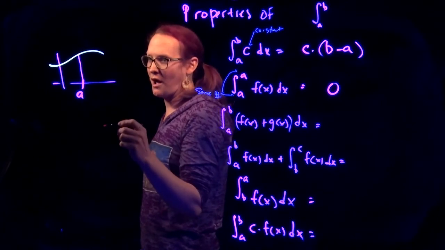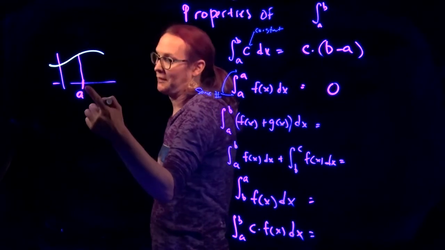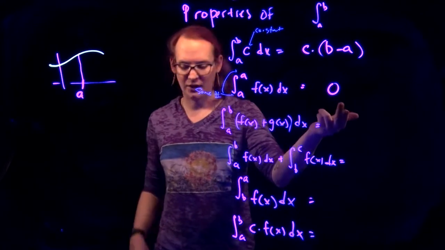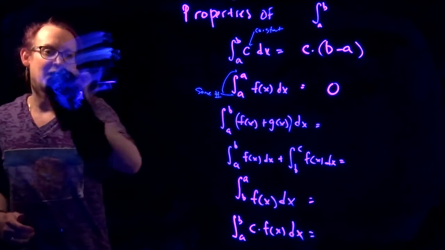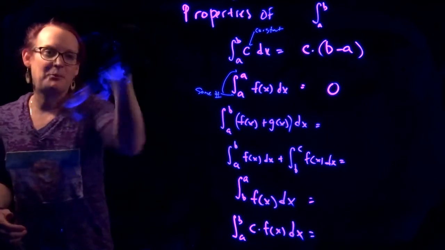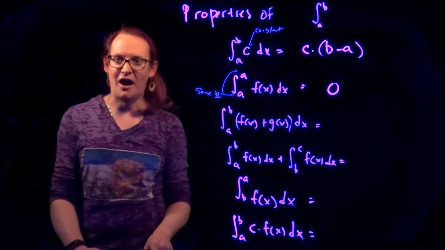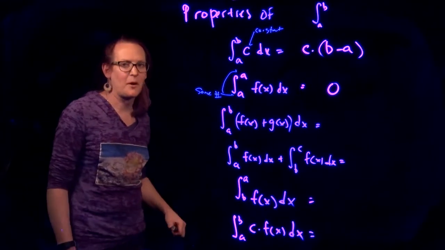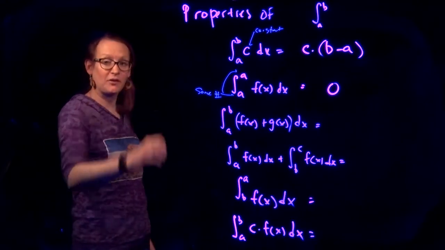So when I add up the amount of area underneath the curve inside this interval, well, the width of the interval is 0, and so I get 0. Which means, really cool, that if I write down some big nasty formula, like the integral of e to the sine of x squared divided by some other nasty thing, but I'm integrating from 1 to 1, the answer is 0.